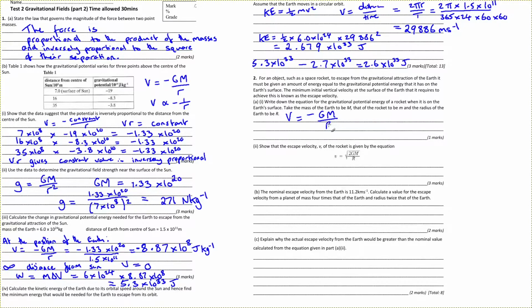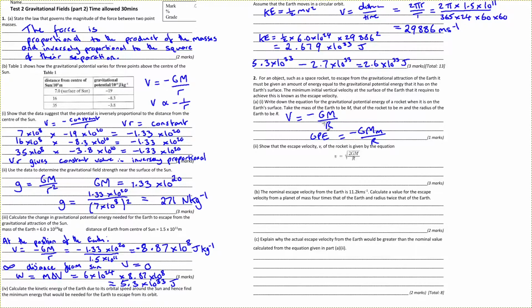So the gravitational potential is the energy of a 1 kilogram mass. If we multiply that by the mass of the rocket, then we'll get the gravitational potential energy of the rocket. So what we're going to get is minus G big M little m over r.